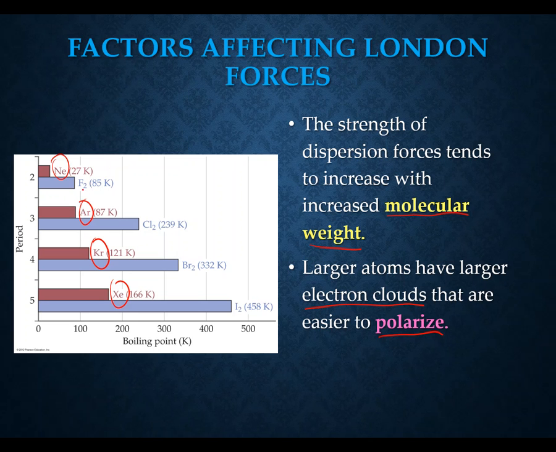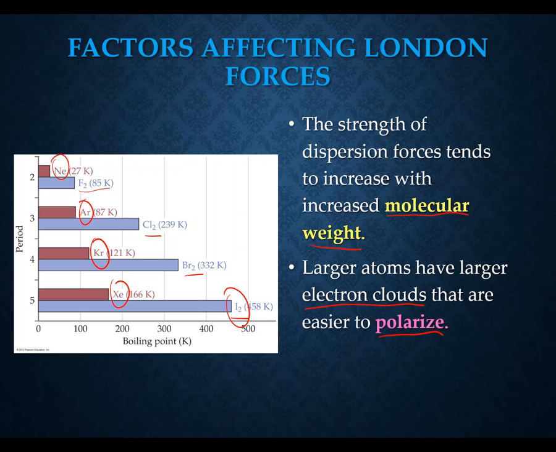Neon is. But you start to look at things that are getting bigger here, especially iodine. Iodine we know is a solid at room temperature. It's 485 K, so subtract 273 from that and you know the Celsius. But stronger forces, because iodine is way more massive.